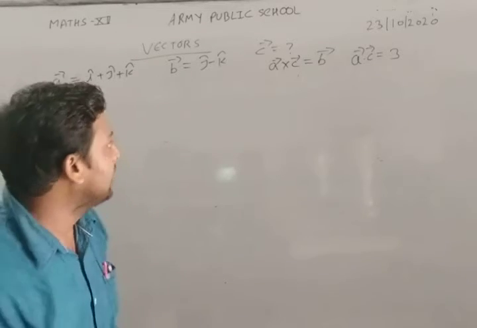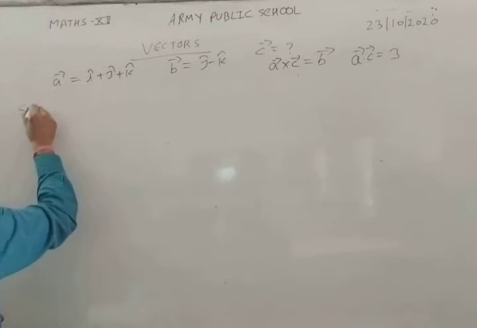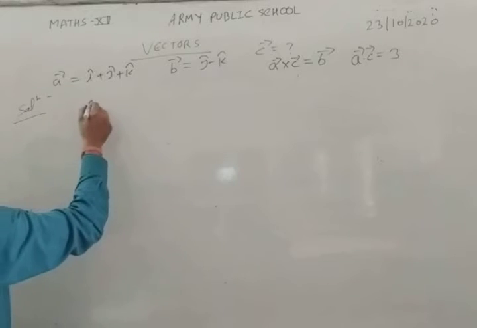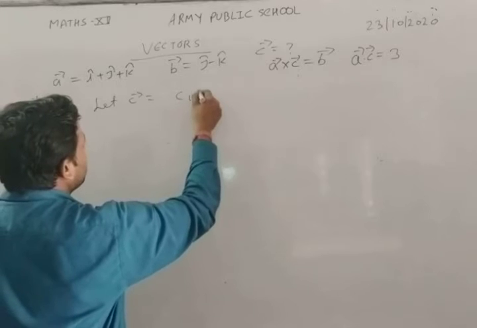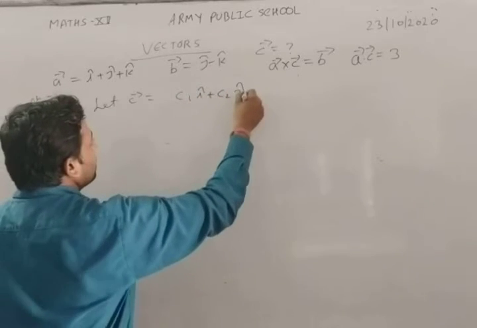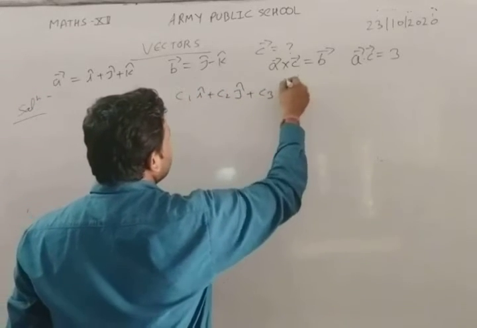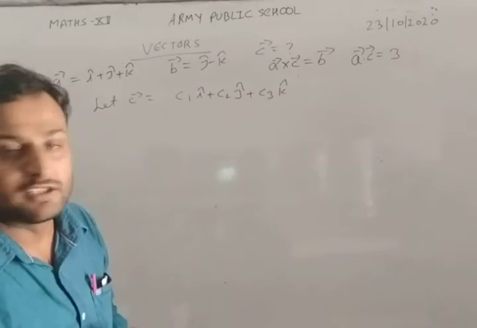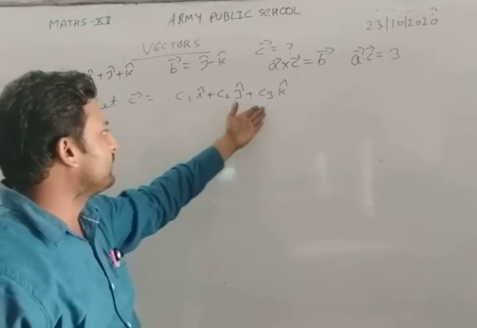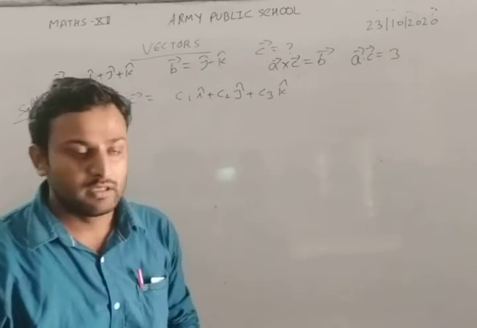So first we let vector C be equal to C1 i plus C2 j plus C3 k.